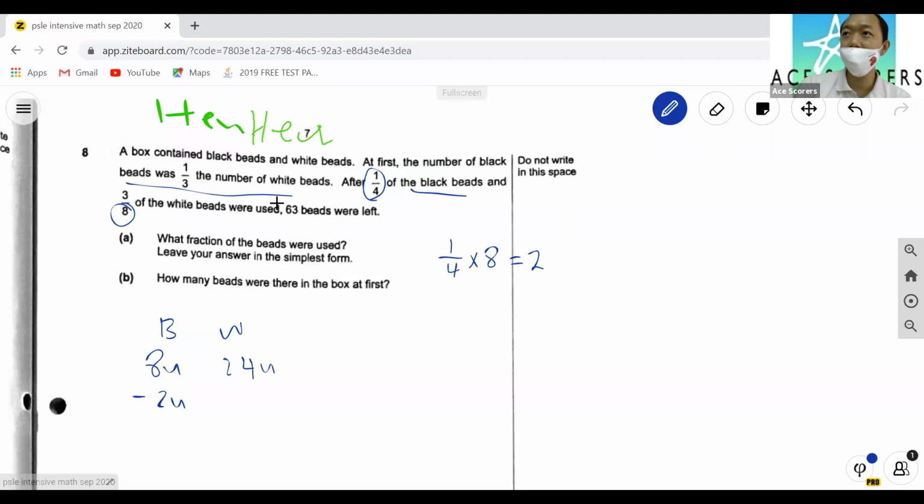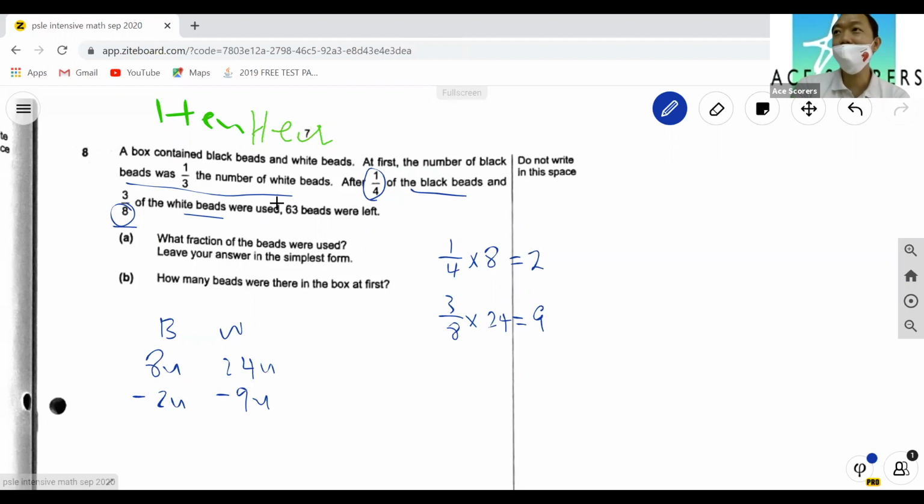Because minus 1/4 of 8, right? Now how about for the white beads? White beads minus 3 out of 8, right? So 3 over 8 times 24 equals 9. So you minus 9.